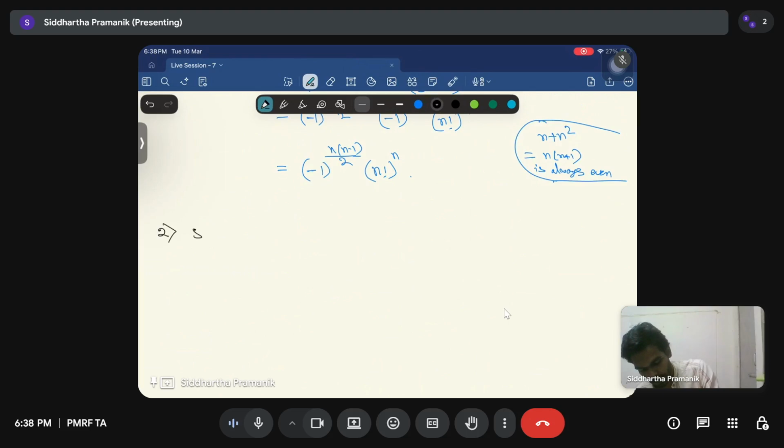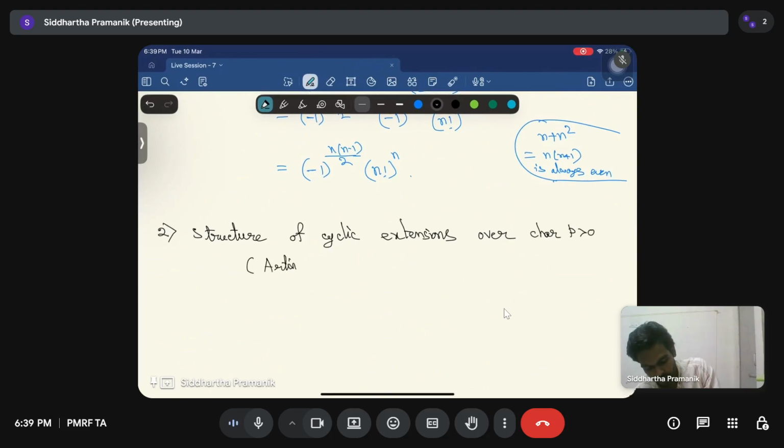It is the structure of cyclic Galois extensions over positive characteristic. These are mainly known as Artin-Schreier extensions.